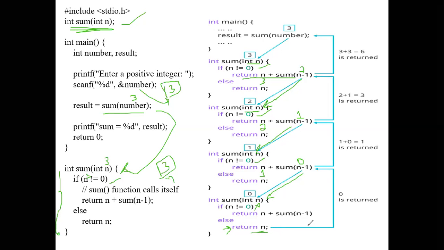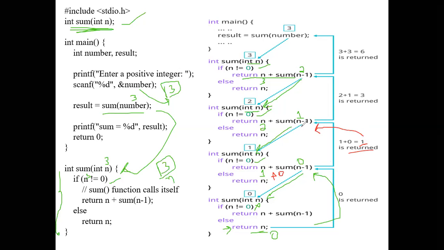So that 0 is returned to the previous function call. So what you are getting as the answer here is 1 plus 0. So what is 1 plus 0? 1, and that 1 value will be returned to the previous function call.